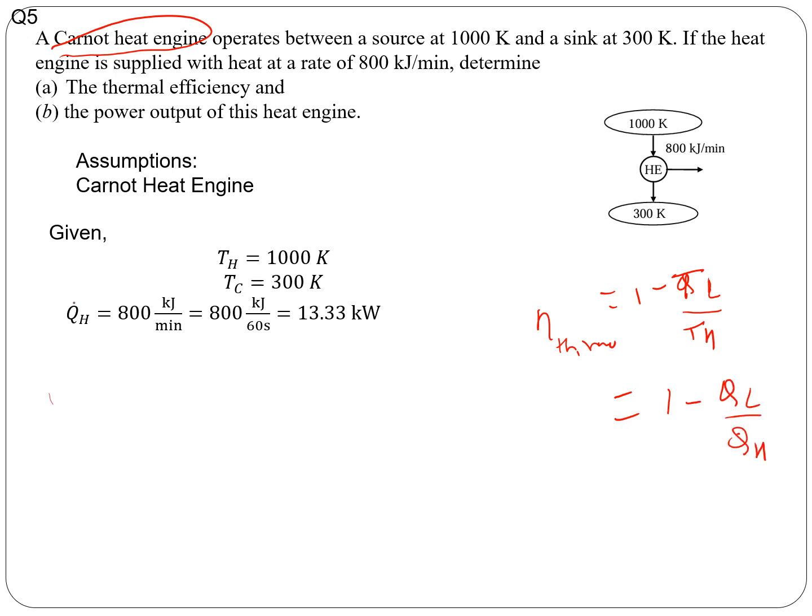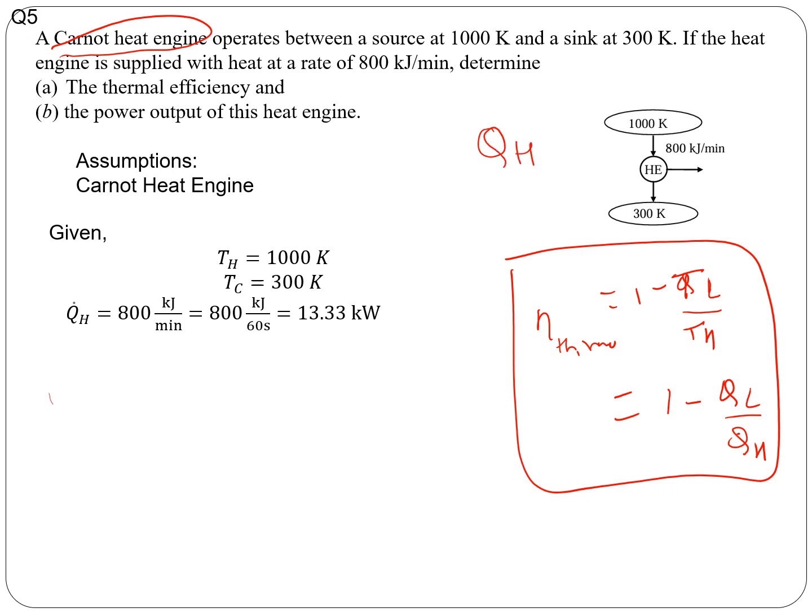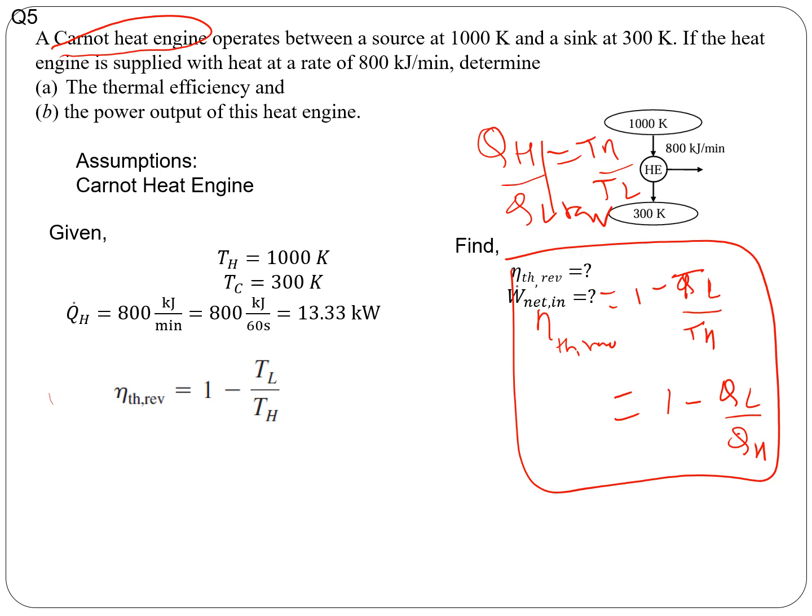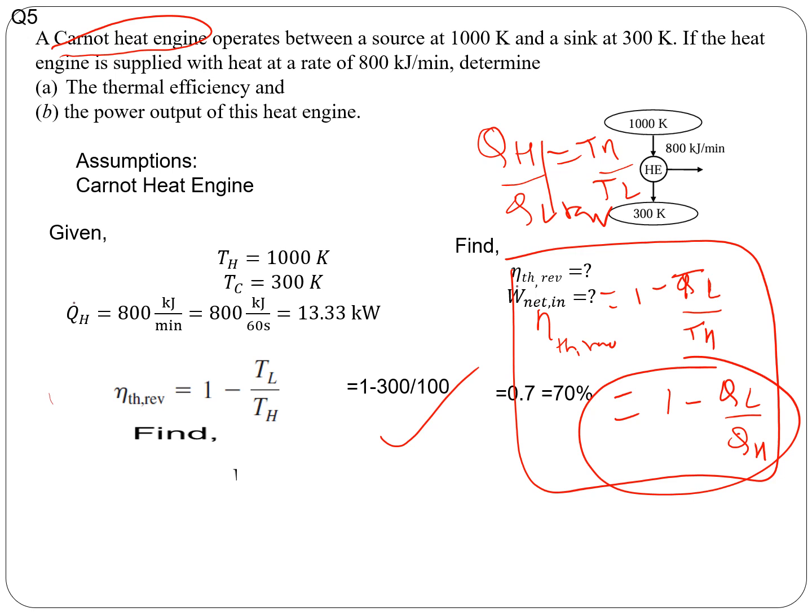So when it is a Carnot, you can always use this one. And another important formula is QH by QL equals TH by TL, when it is a reversible or Carnot or ideal heat engine. Okay, so keep that in mind. You can use this one, and you can also use this one to find the unknown. So this is for the Carnot heat engine.